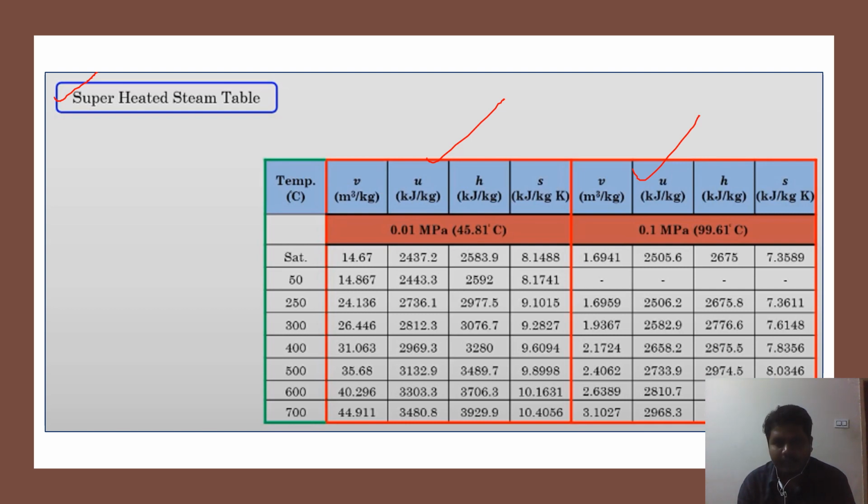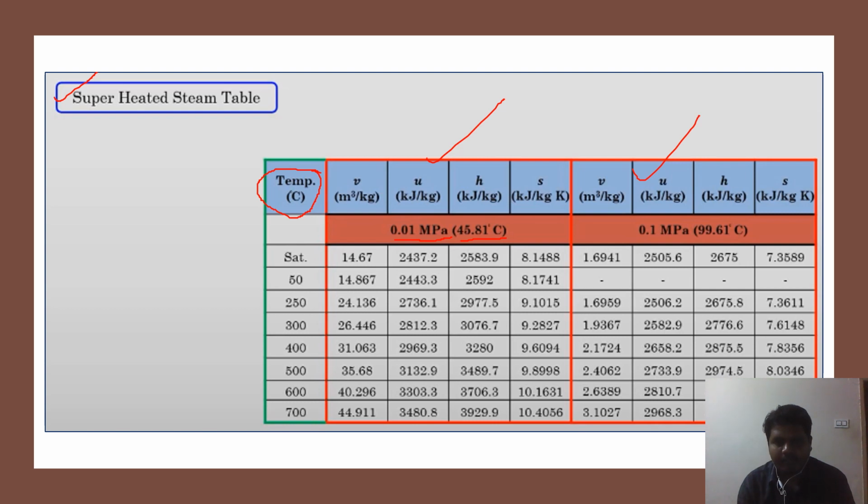In the first part, at 0.01 megapascal, the saturation temperature is 45.81 degrees centigrade. The first column is temperature in degrees centigrade, the second column is specific volume, the third column is internal energy, the fourth column is enthalpy, and the last column is entropy.